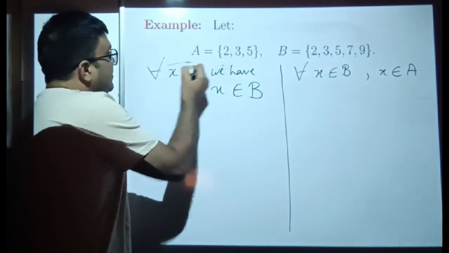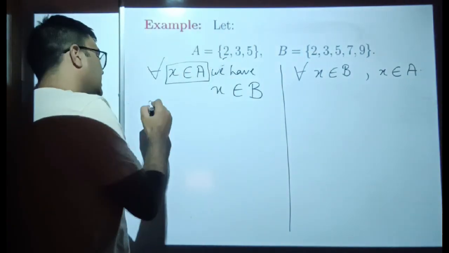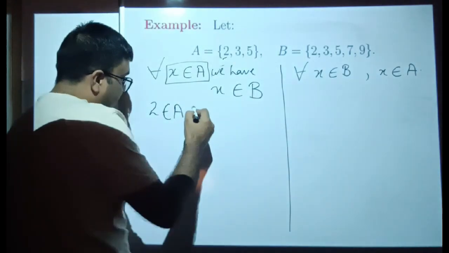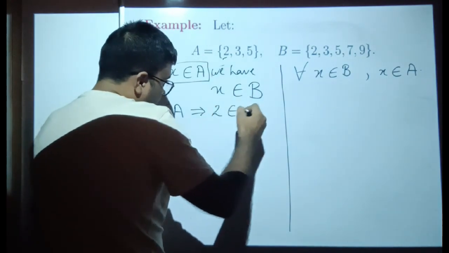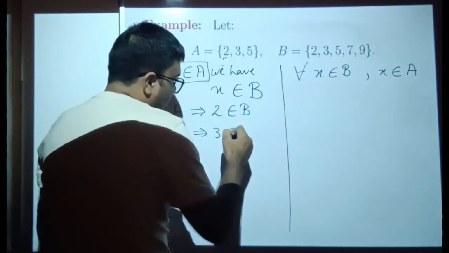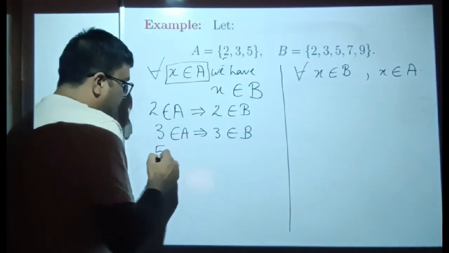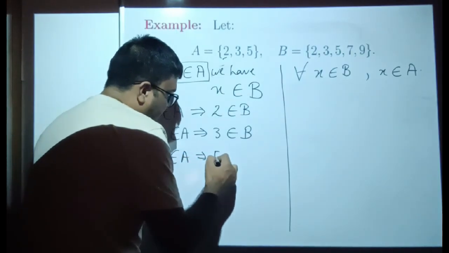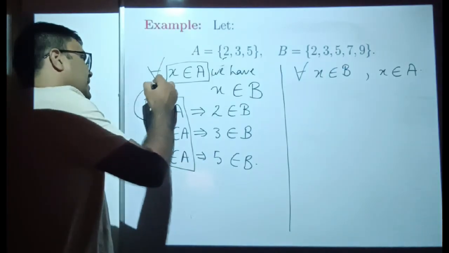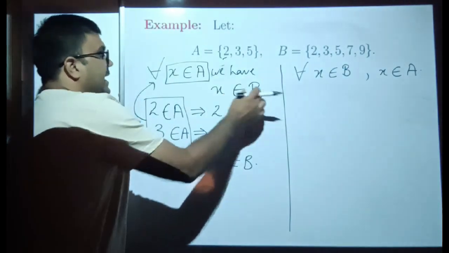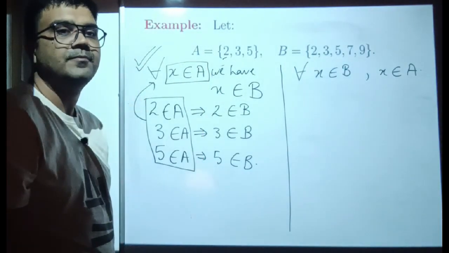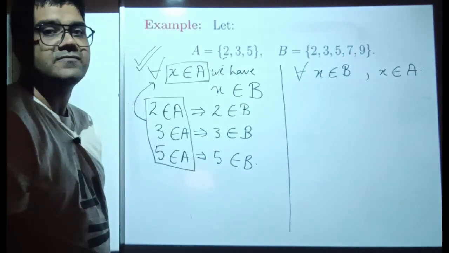It means I have to check for every element of A. The first element of A is 2. 2 belongs to A implies 2 belongs to B. 3 belongs to A implies 3 belongs to B. 5 belongs to A implies 5 belongs to B. For every element of A, that element belongs to B. It means this statement is true. This is the meaning of for all.